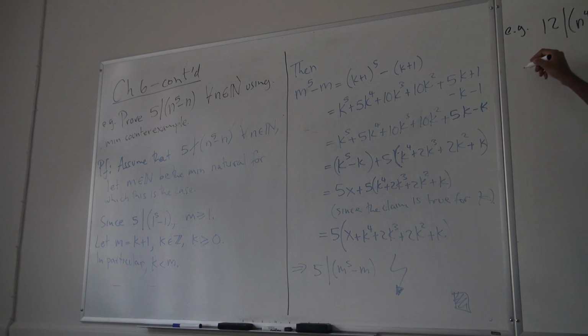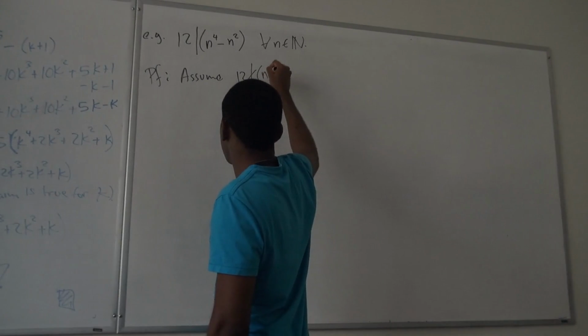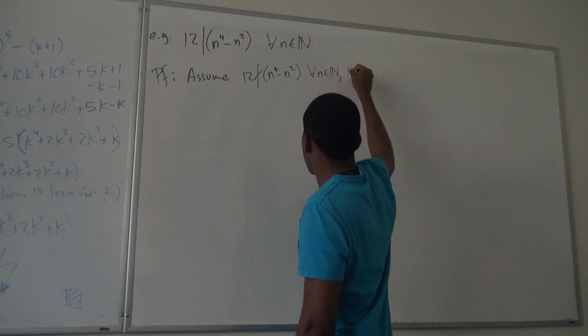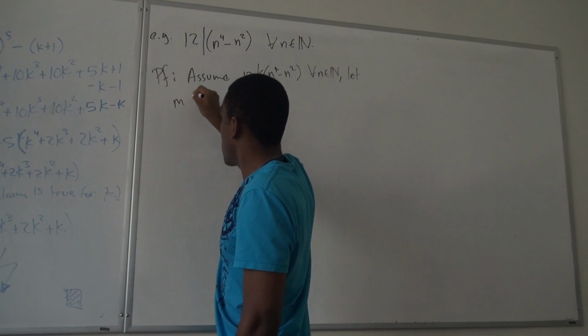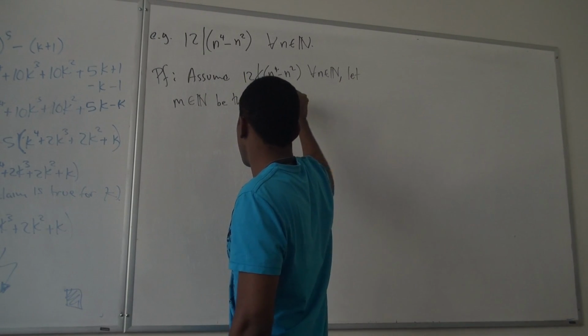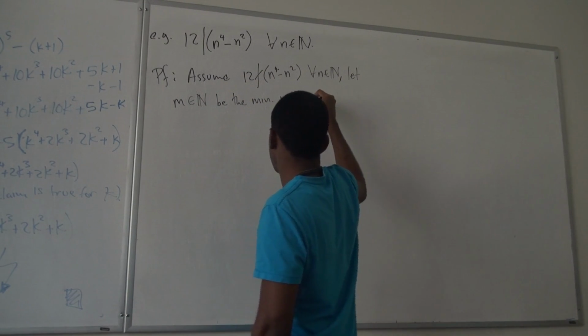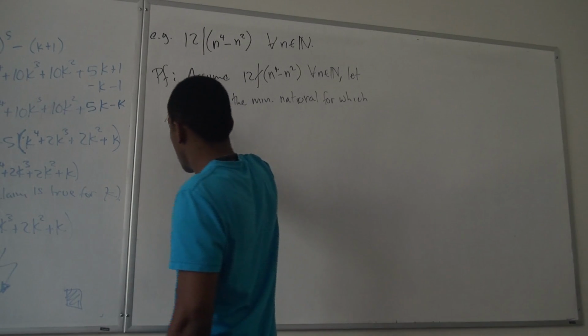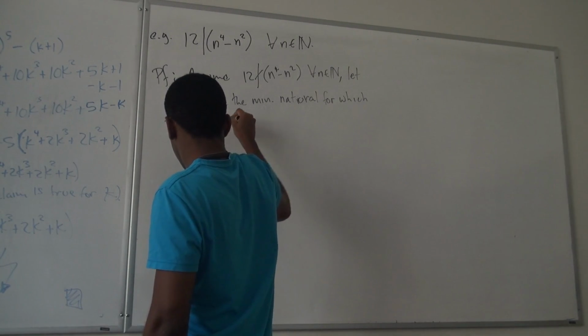So assume 12 does not divide n to the 4th minus n squared for all n in N, and let m in N be the minimum for which this is the case.